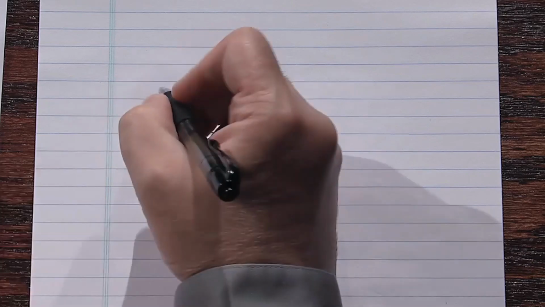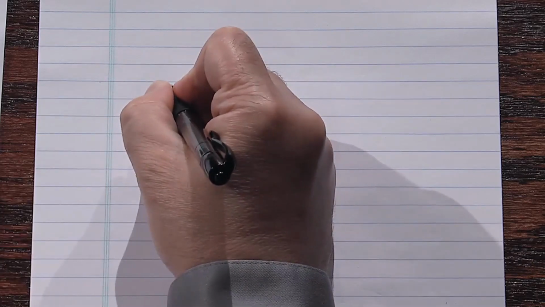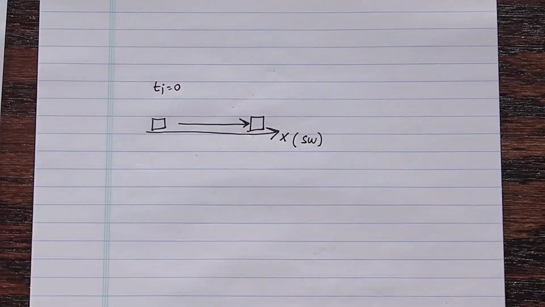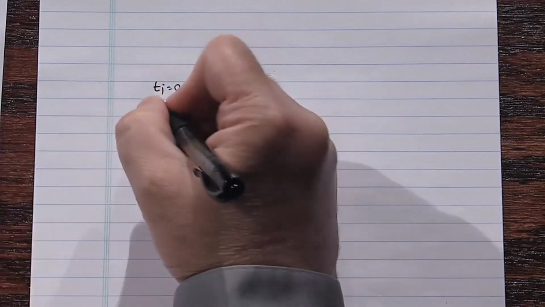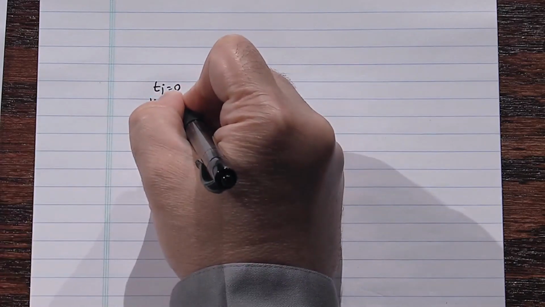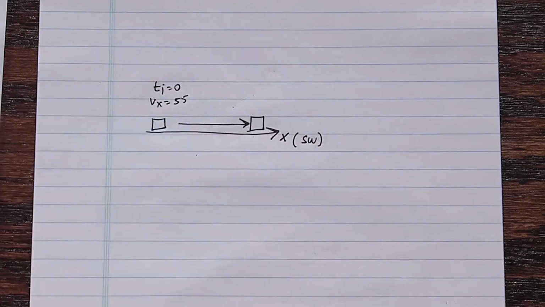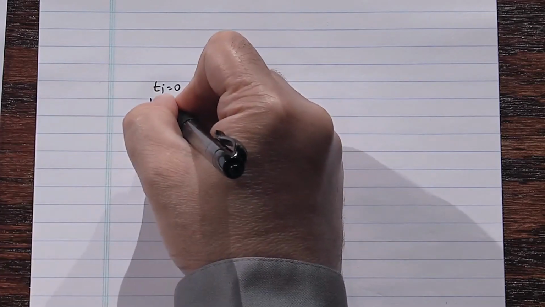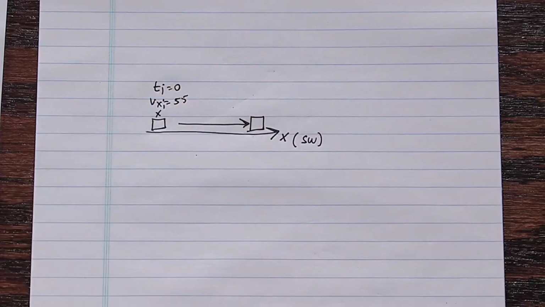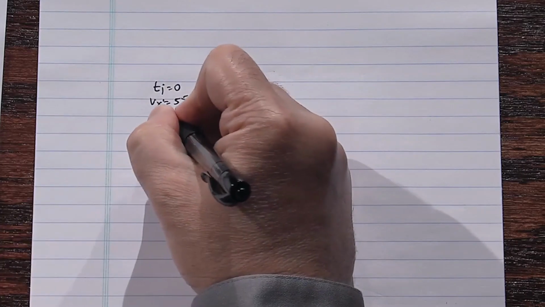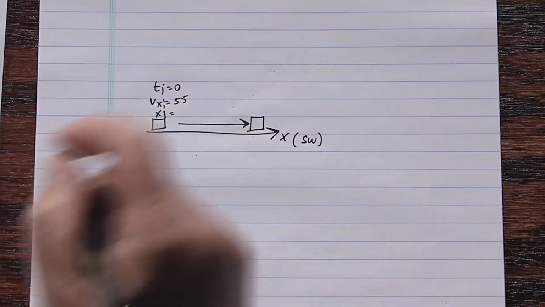Initially, t initial is 0. The Vx is 55 meters per second. That's Vx initial, 55 meters per second. X initial, we'll call that 0.